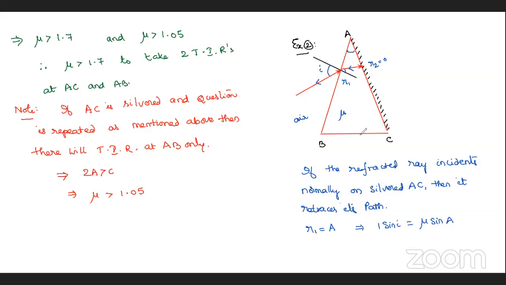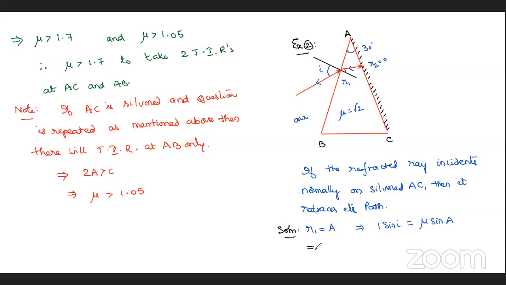Okay, in that case, suppose if I give A is equals to say some 30 degrees and mu is equals to say some √2, then what will be I? Chappachu anukunta kada 45. Right, I is equals to 45. Very good, very good. This is the solution.